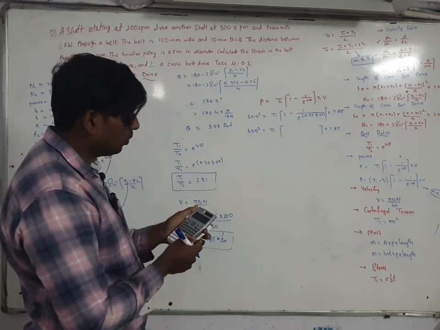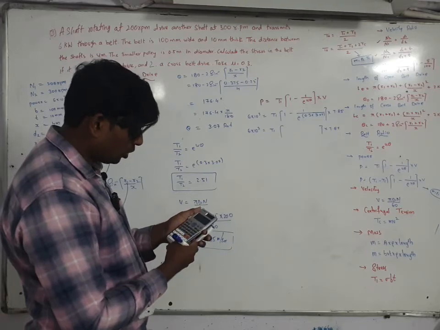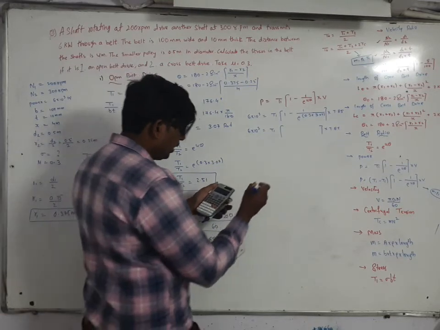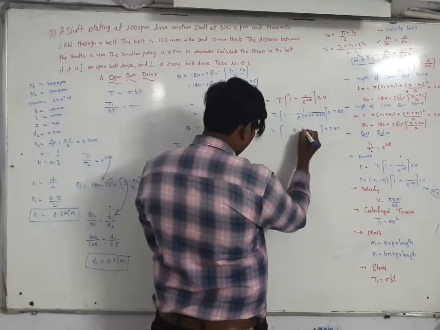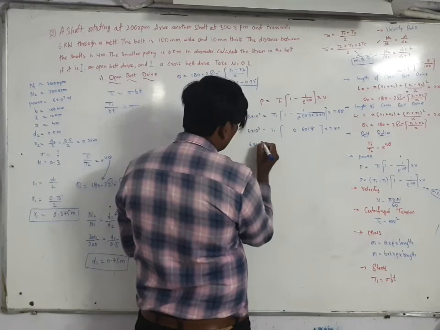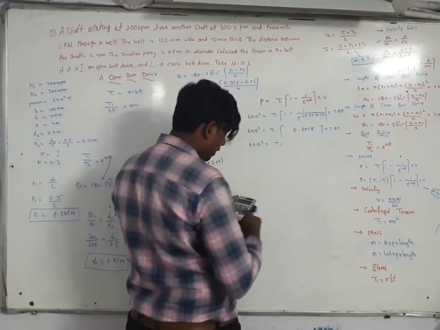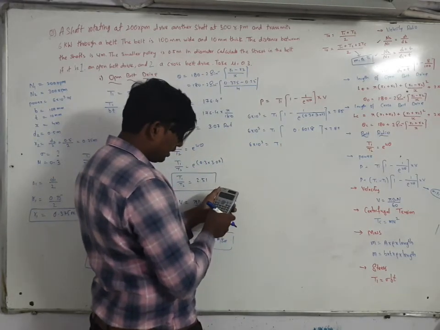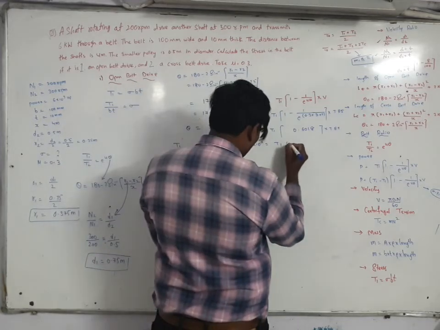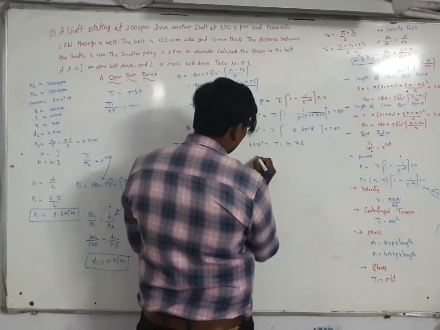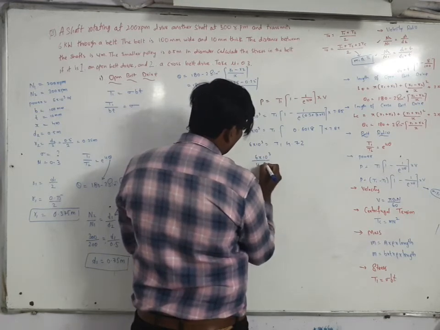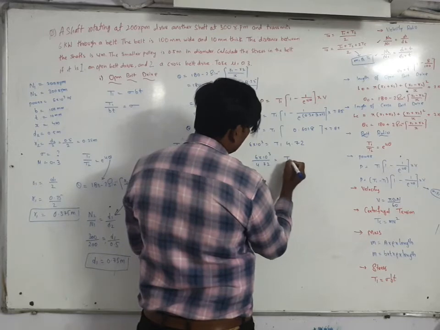How much are you getting as the answer? 0.6018. So 6 into 10 to the power of 3 is equal to T1 into the answer into 7.85. Here you are getting 4.72. So 6 into 10 to the power of 3 by 4.72, you will get the value of T1.